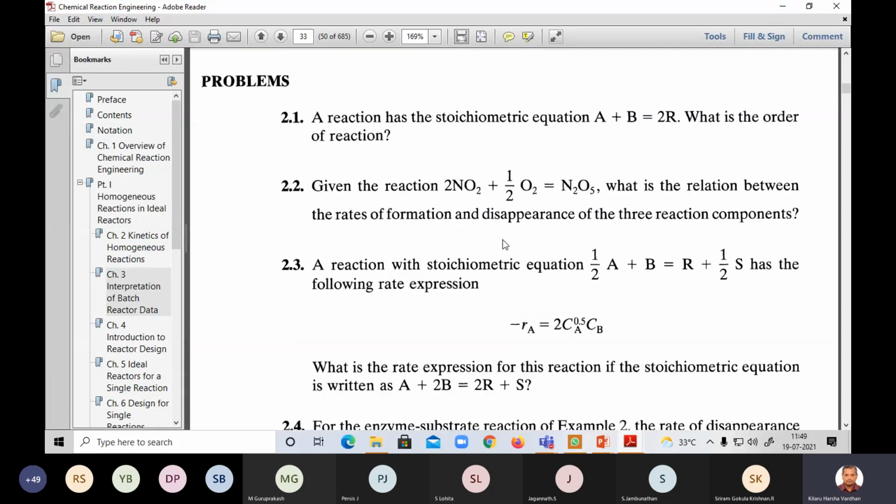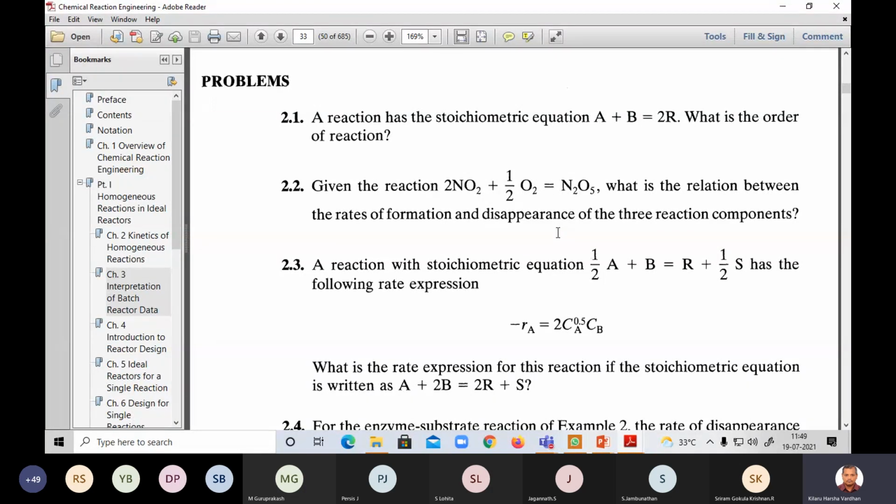So now, given the reaction 2 NO2 plus half O2 gives 2 N2O5, what is the relation between the rates of formation and disappearance of the three components? Can anyone tell the answer? We have to write the rate of disappearance and appearance of both.